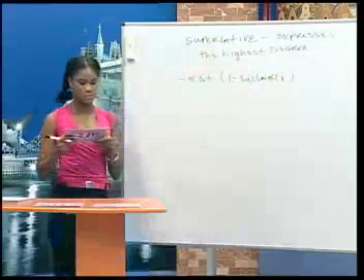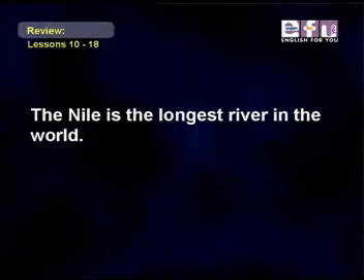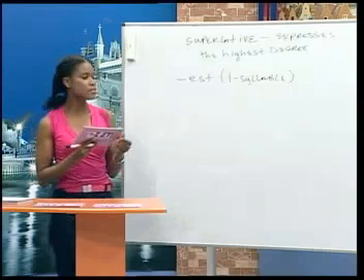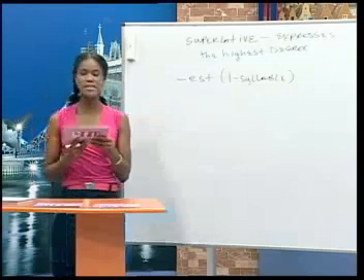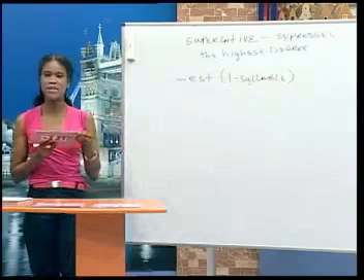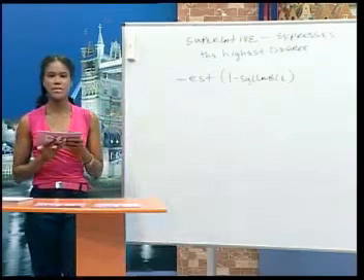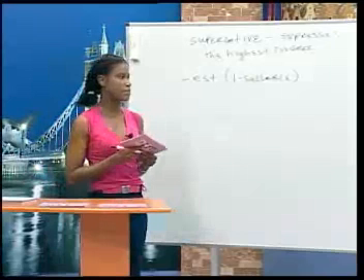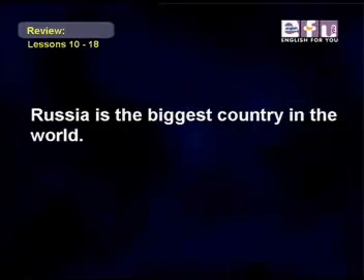For example, the Nile is the longest river in the world. Now, of course, for some one-syllable adjectives, the consonant is doubled, like in the comparatives. So when the word ends in a vowel and a consonant, you double the consonant. For example, Russia is the biggest country in the world.